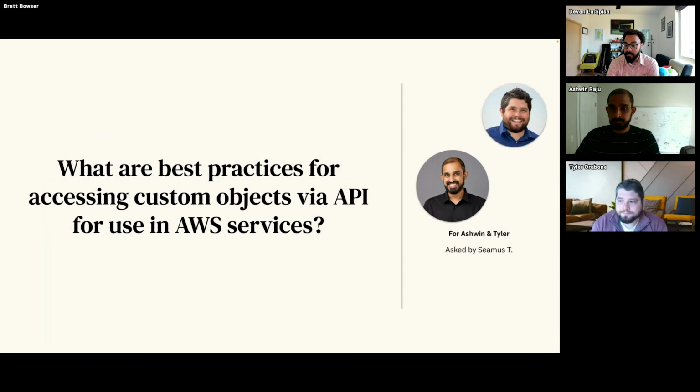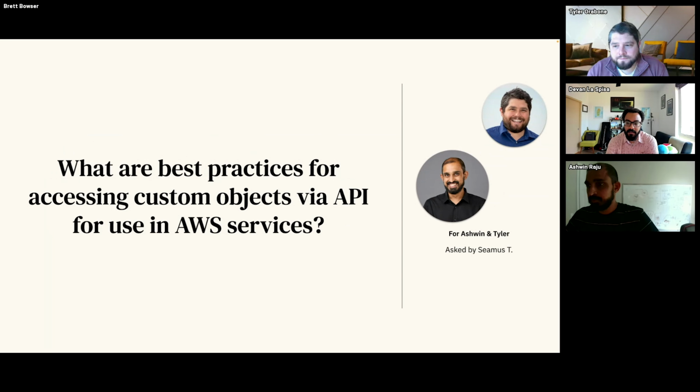So this comes from Seamus, and Seamus asks, what are best practices for accessing custom objects via API for use with AWS services? Yeah, so hi, Tyler here. I think it's a little tough to answer this one, but we've got a full suite of APIs available for custom objects, your full suite of CRUD APIs.